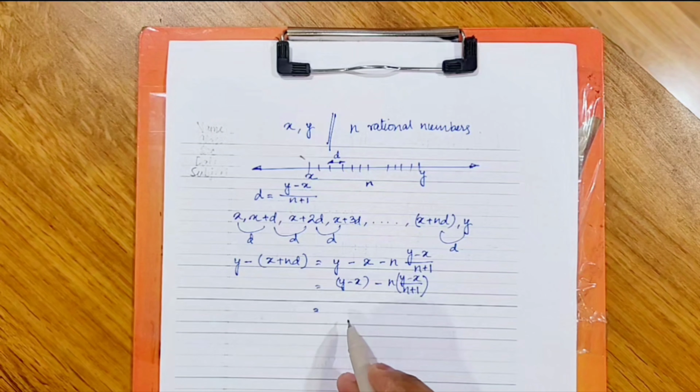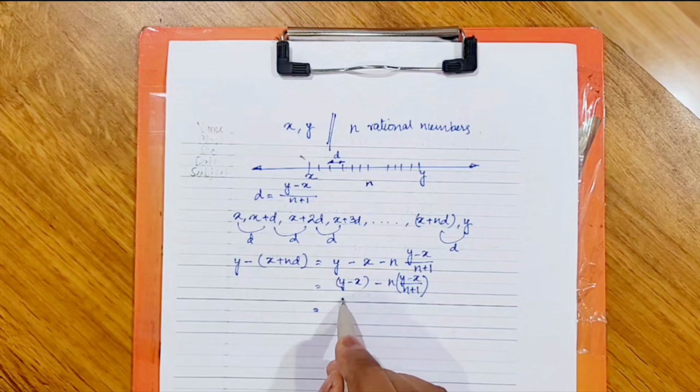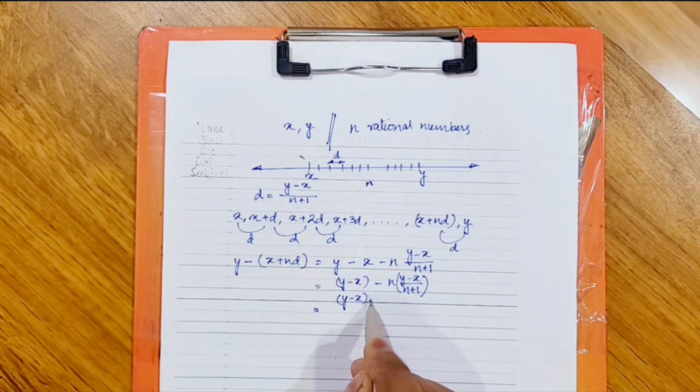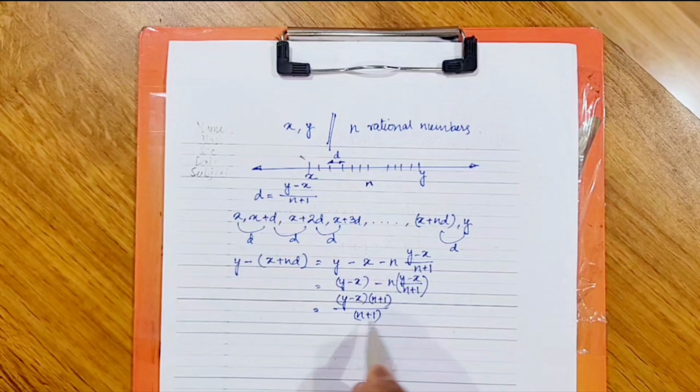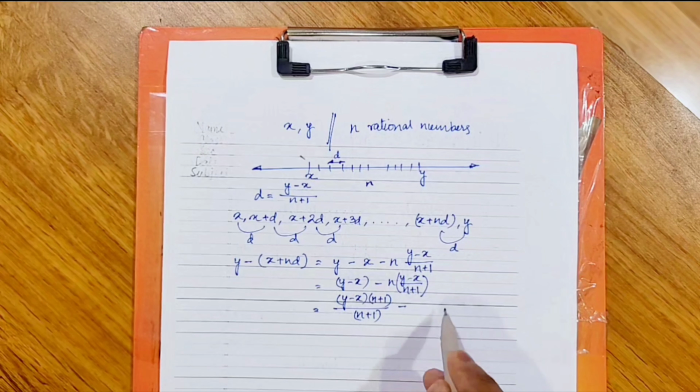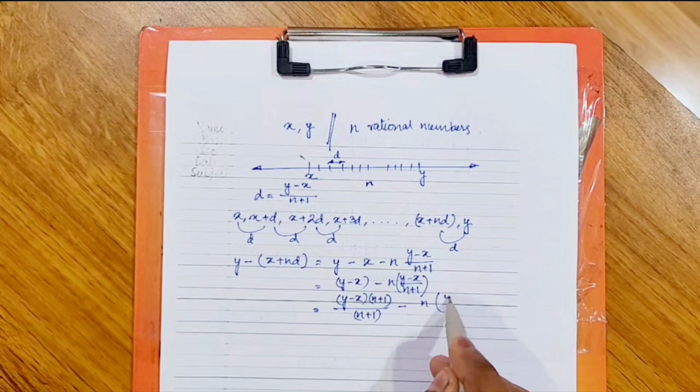Now as you know, for any number, if you multiply and divide it by the same number, it remains of same value. So y minus x, I can write it as (y minus x) into (n plus 1) divided by (n plus 1). And the rest of the part remains the same.